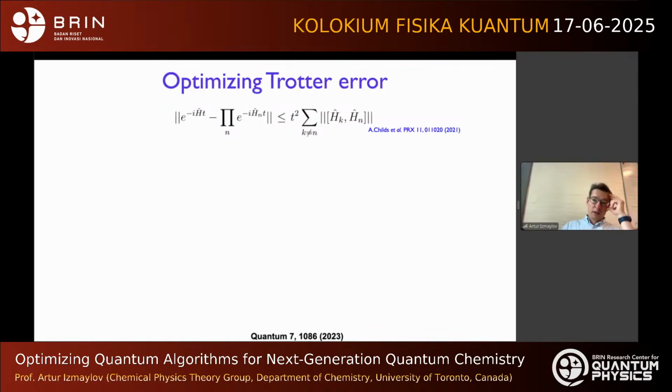Okay, so how do we estimate the error? It's quite a recent work by Andrew Childs and coworkers. They found that if you take the norm of the difference between the two evolution operators, you can upper bound it with the sum of norms of commutators.